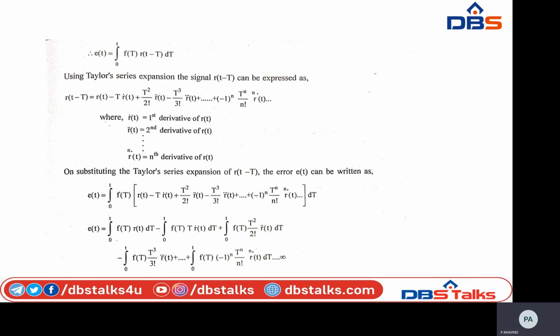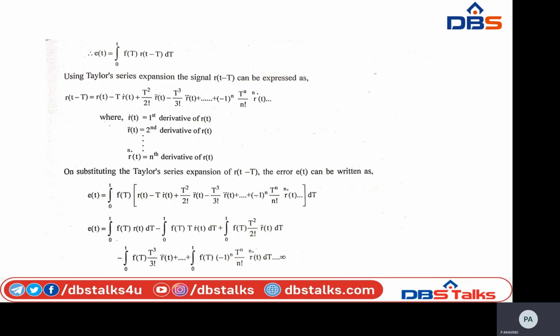And then the next step is e of t is equal to integration of f of T into r of t dT having the limits 0 to t, minus integral 0 to t of T f of T into r of t with a dot dT, plus integral 0 to t of f of T into T square by 2 factorial r of t with double dot dT and so on.